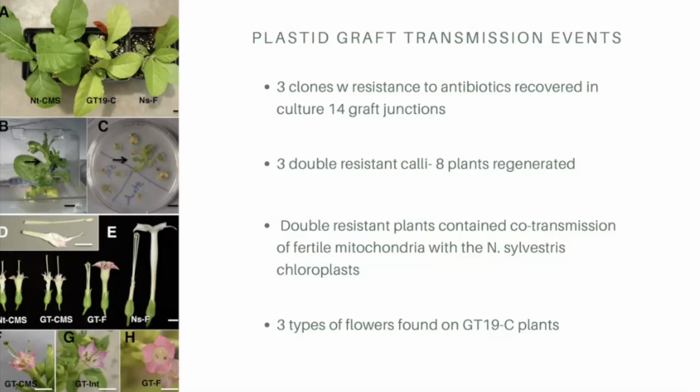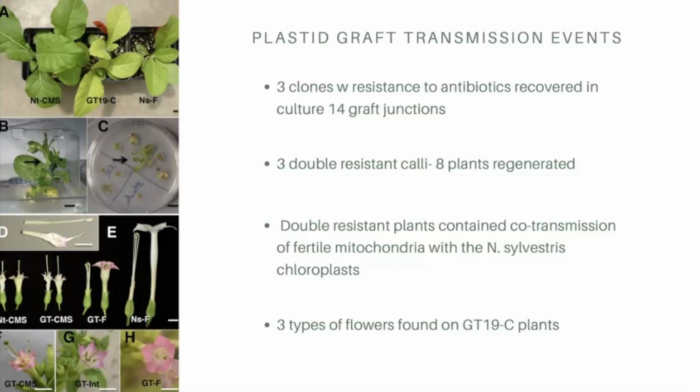The 2 Nicotiana species grafted are depicted in figure 1B. They were sliced, and resistant shoots from these tissue slices were selected in culture specifically for kanamycin resistance. The resistance is encoded in the nucleus of the CMS N. tabacum graft partner, and spectinomycin resistance is encoded in the plastids of the fertile N. sylvestris graft partner. 3 clones with resistance to antibiotics were recovered in 14 graft junctions.